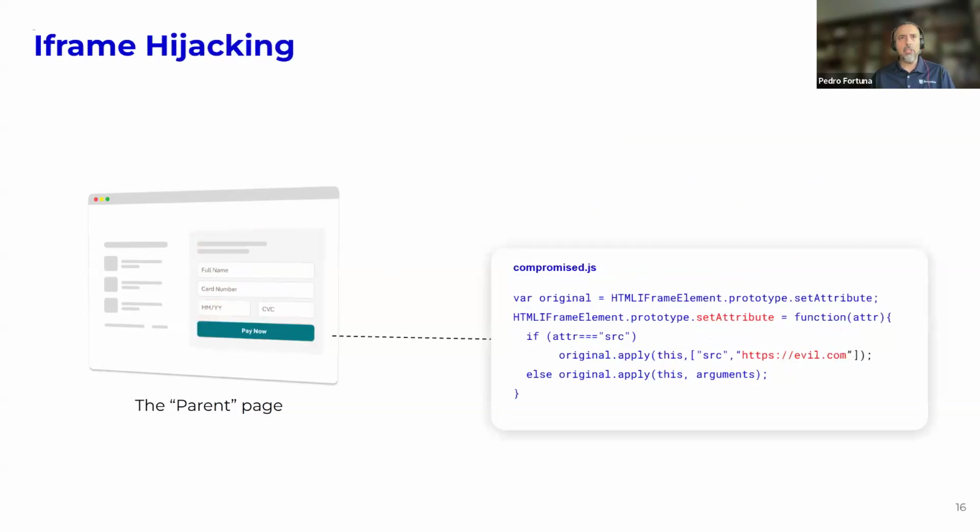In an iframe hijacking attack, the attack is a bit different. Here, the attacker interferes with the payment iframe creation process, which means the compromised script needs to run first.